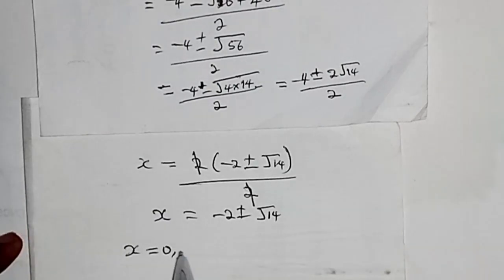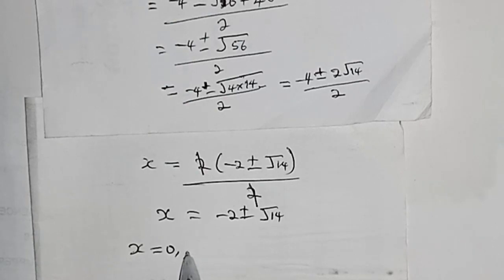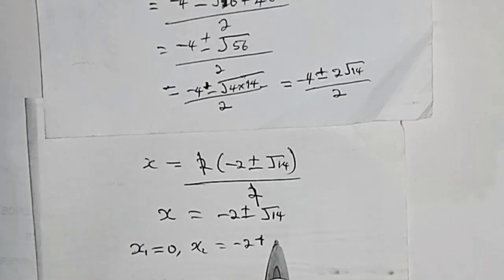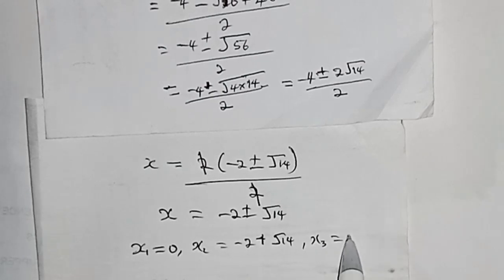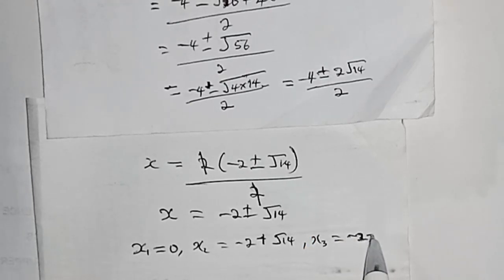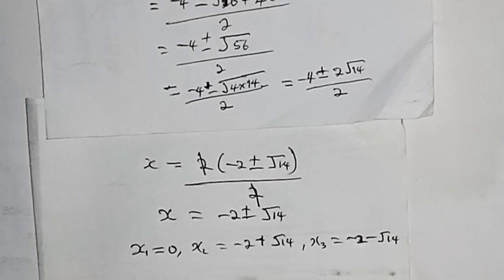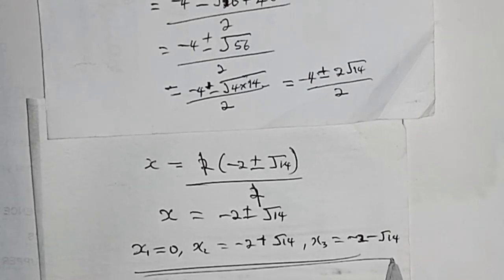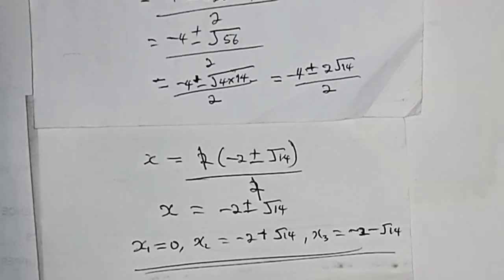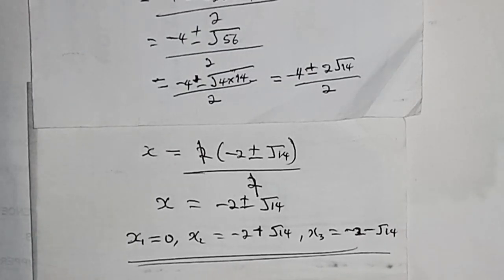Then secondly, we name this x1, x2 will be equal to minus 2 plus root 14. And then the third value of x, which we can name x3, will be minus 2 minus root 14. So these are the 3 values of x, and if you plug any of them into the question, it should satisfy that equation.